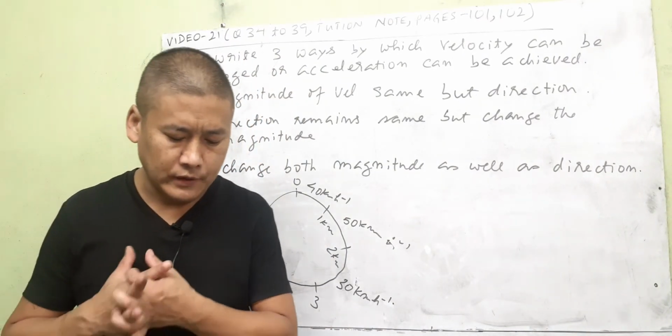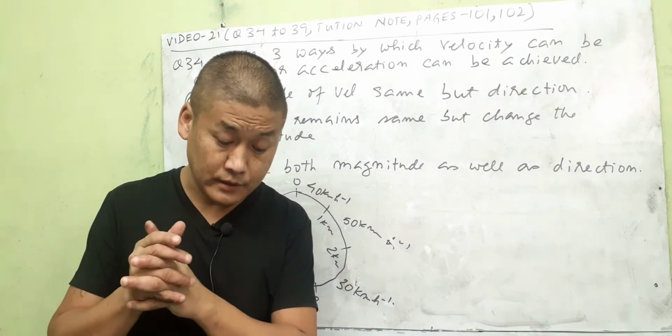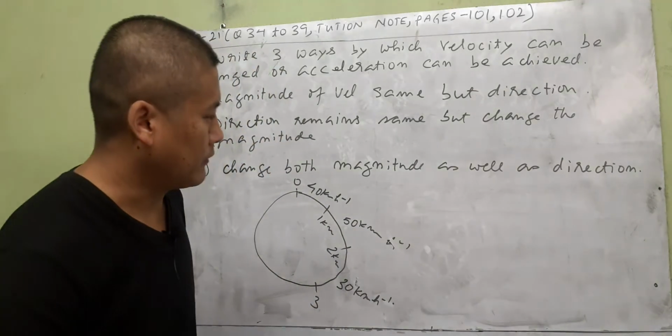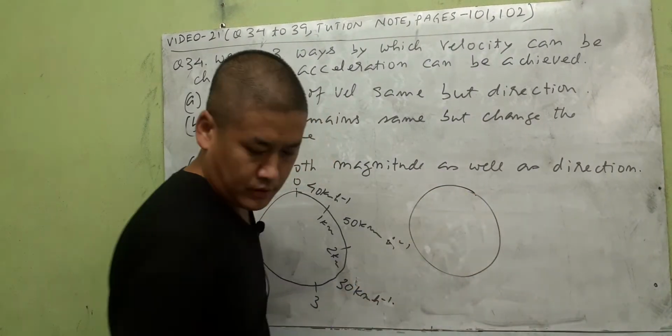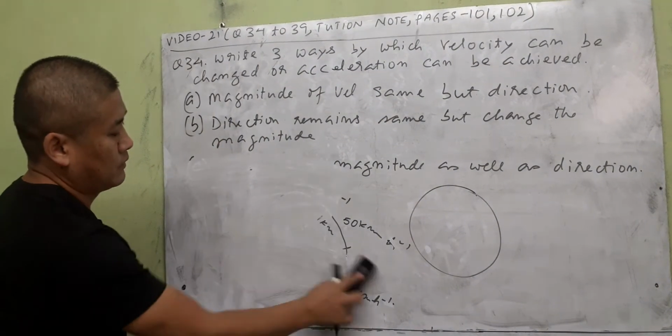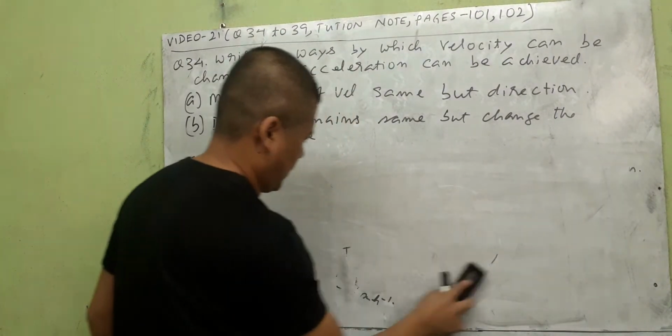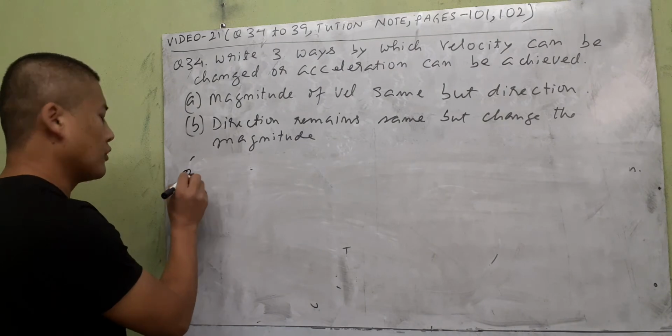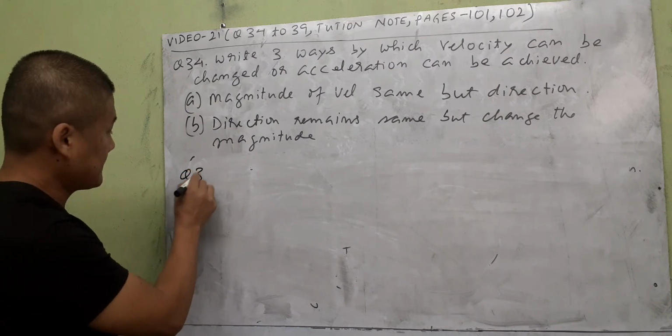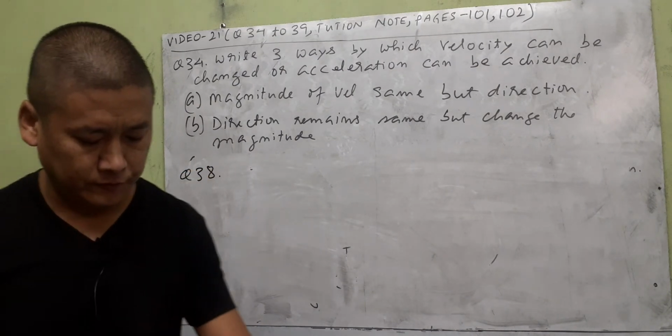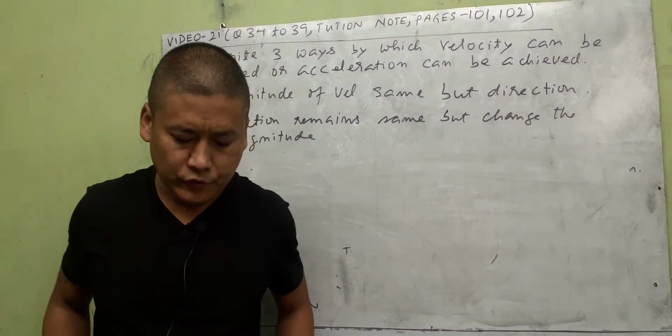Write the equation for velocity of a circular motion in one circumference. Let me write this down for us. You can scribble on your tuition copy. 38. It says, write the equation for velocity of a circular motion in one circumference.